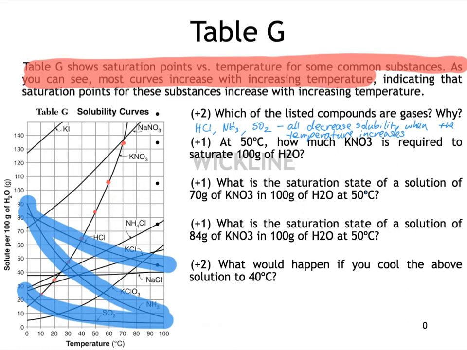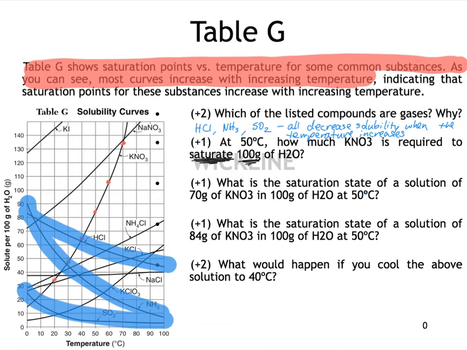Let's try another question. At 50 degrees Celsius, how much potassium nitrate is required to saturate 100 grams of water? So we know that these lines are saturation curves, so we know that by looking up data we'll be able to figure out how much is required to saturate. And we know that 100 grams is how much water we have, so everything seems normal.